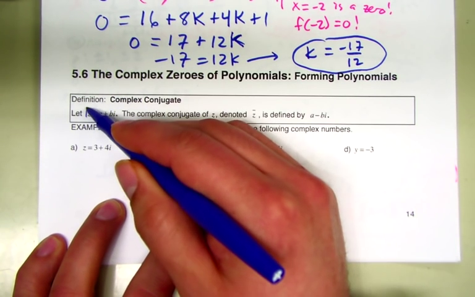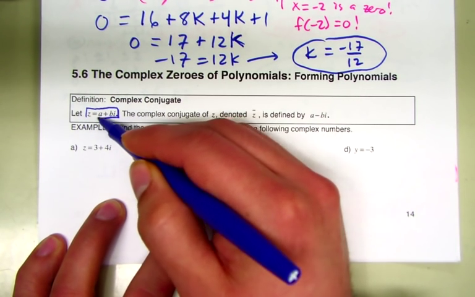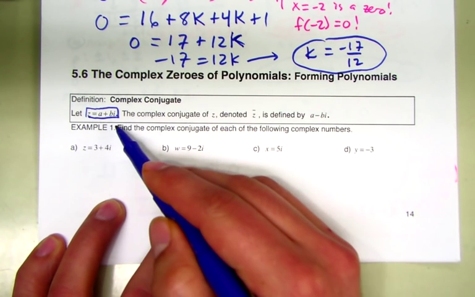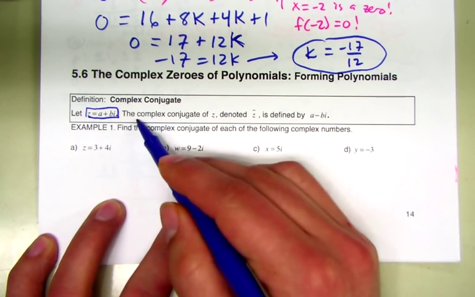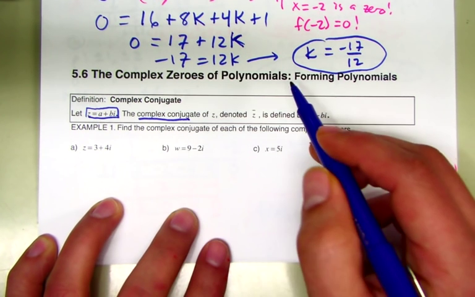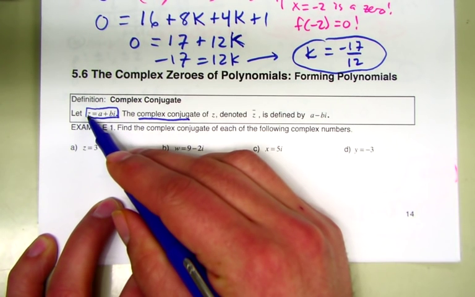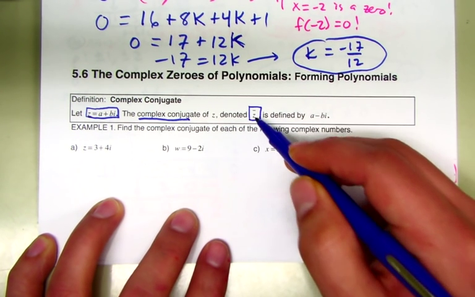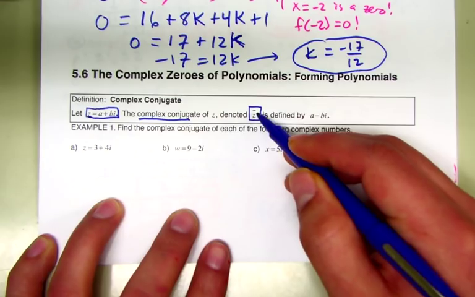We've dealt with imaginary numbers before. Here's the usual format for it, a plus bi. The complex conjugate of this complex number, which we're using z as the variable for it, is this, symbolically. It's just a z with a little line over it.